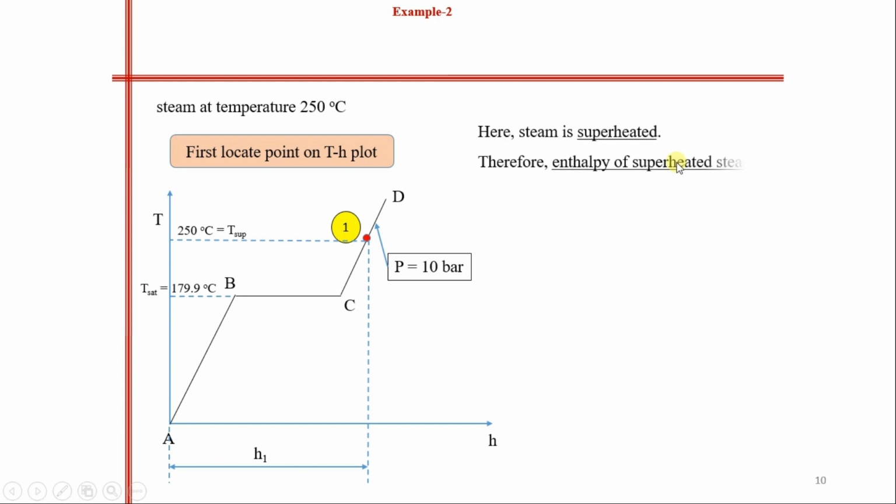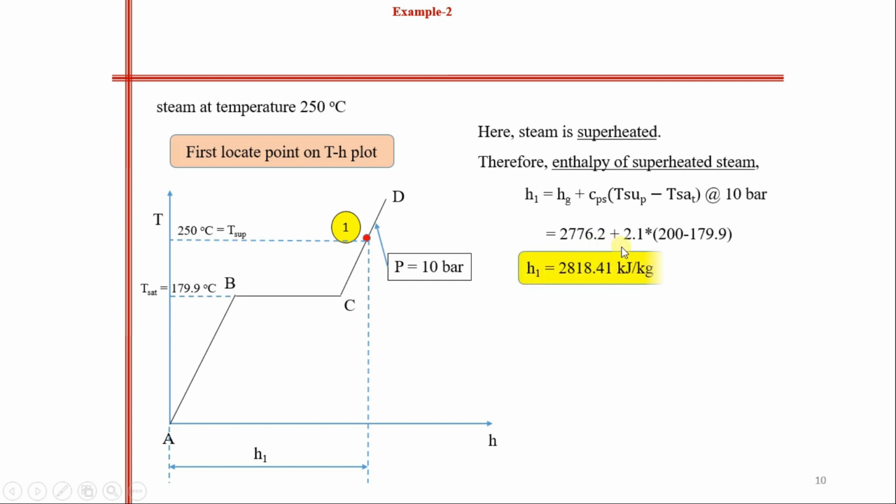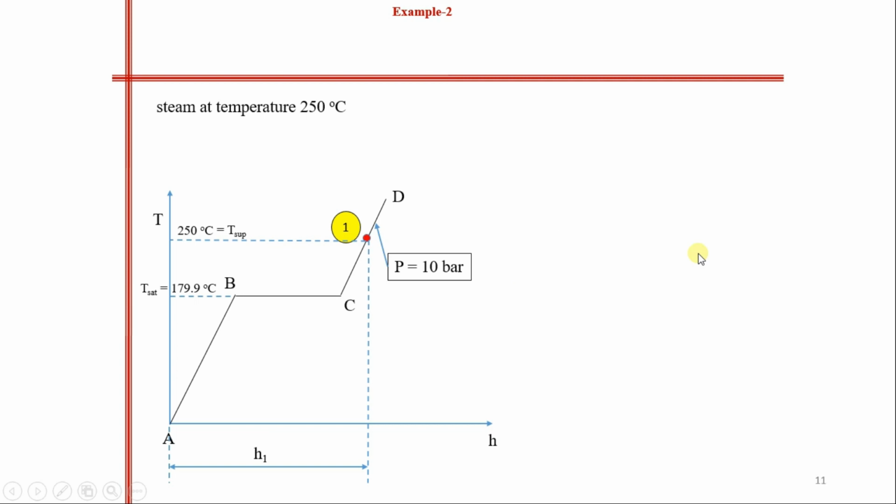Here steam is superheated, therefore the enthalpy of superheated steam is H1 = Hg, meaning enthalpy up to point C, the enthalpy of dry saturated steam, plus Cps times (T super minus T saturated) at 10 bar pressure. We are doing this at 10 bar pressure, so just substitute the values and you will get the enthalpy as 2818.41 kilojoule per kg.